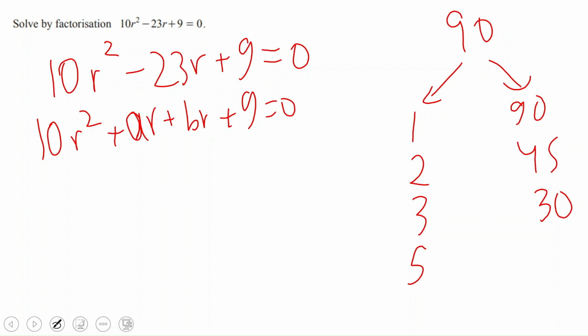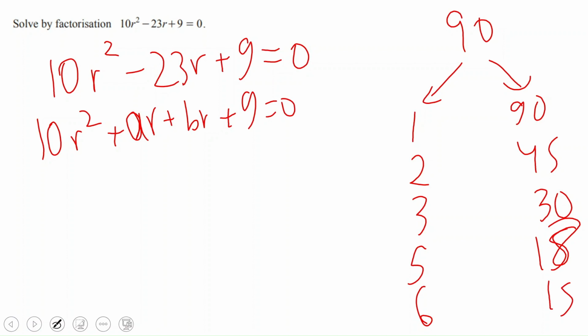Use your calculator. 90 divided by 5 is 18, and 6 into 90 divided by 6 is 15.